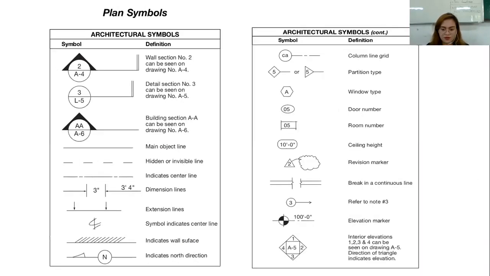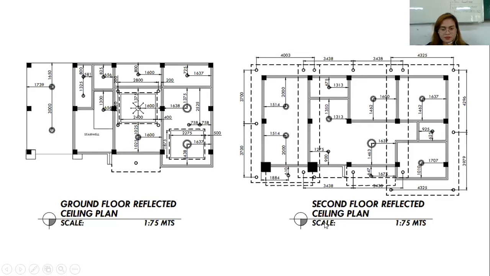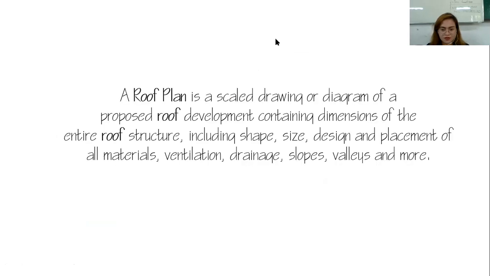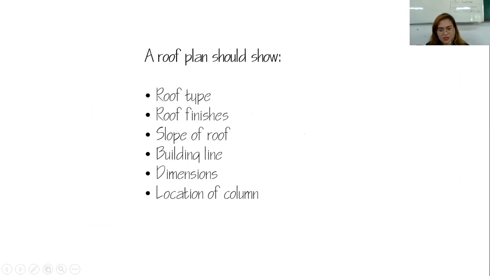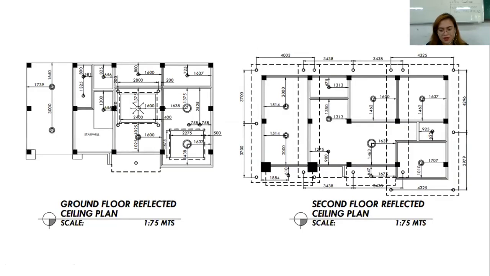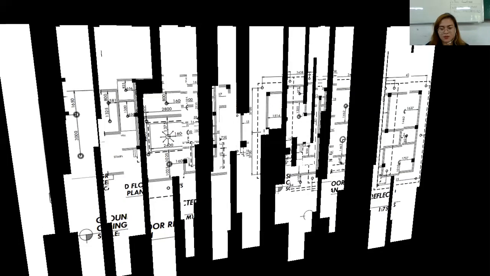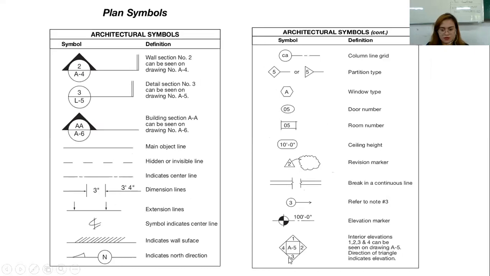That's elevation 1, 2, 3, 4. So let's go back. If you're gonna use this one, the 1 means on your elevation what you're showing, that's elevation 1, elevation 2, elevation 3, elevation 4. So that's the marker or symbol for the interior elevations. So that's what you're gonna reflect.